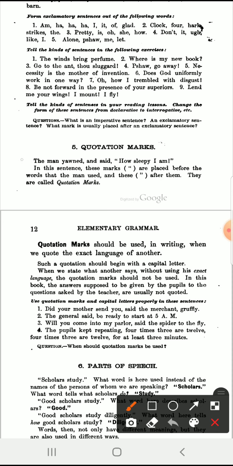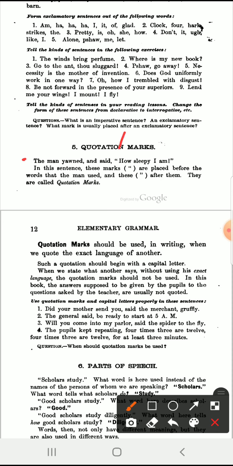At the beginning of the lesson, we read, "The man yawned and said, 'How sleepy I am!'" In this sentence, we see marks written at the beginning and the end of the sentence.